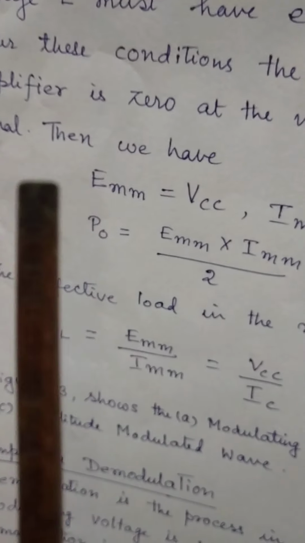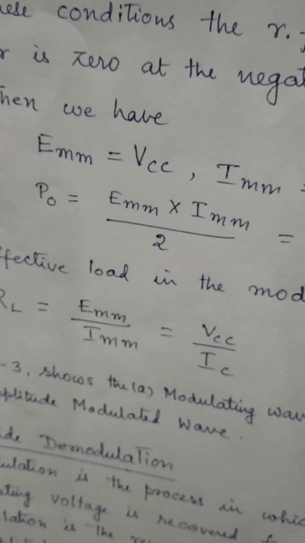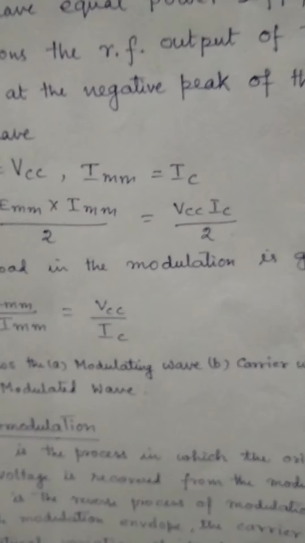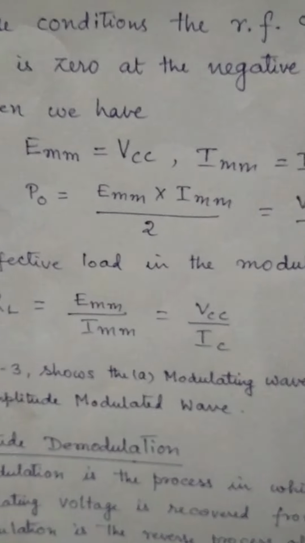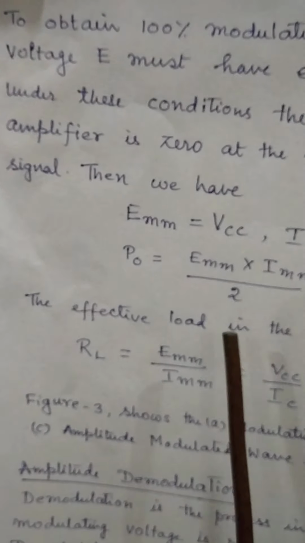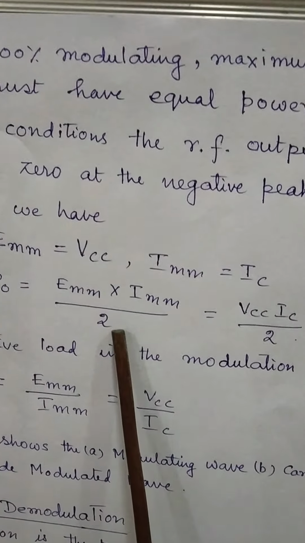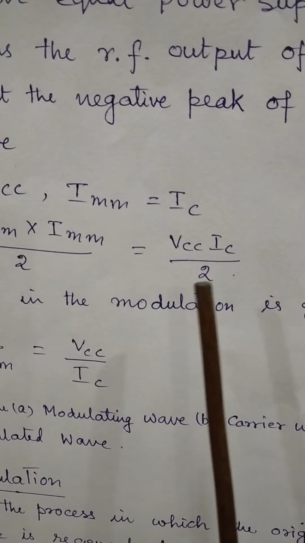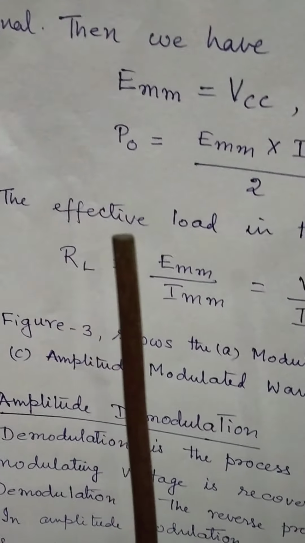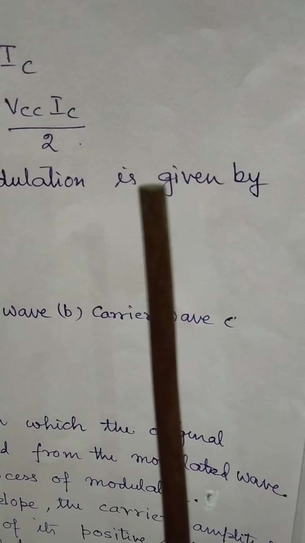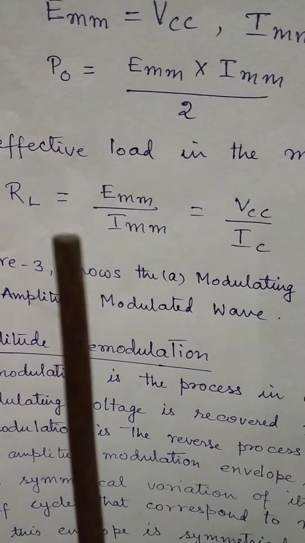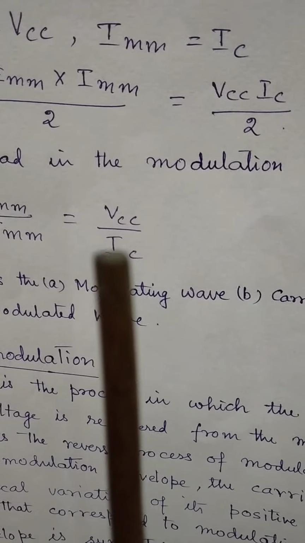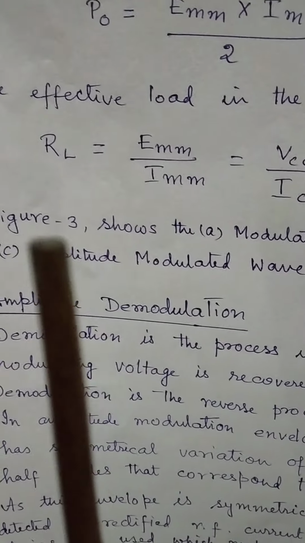Then we have EMM equal to VCC, and IMM equal to IC. Now P0 is given by EMM into IMM by 2, which is equal to VCC into IC upon 2. The effective load in the modulation is given by RL equal to EMM upon IMM, equal to VCC upon IC.